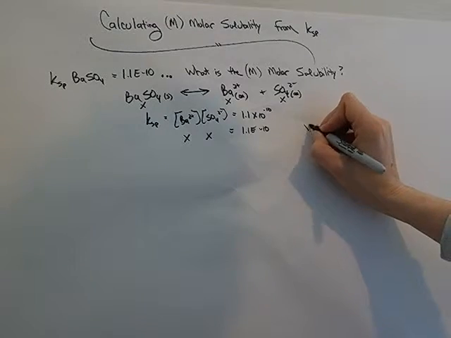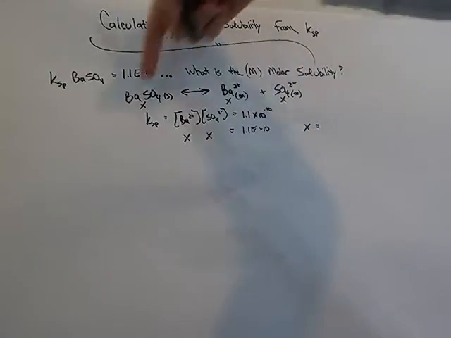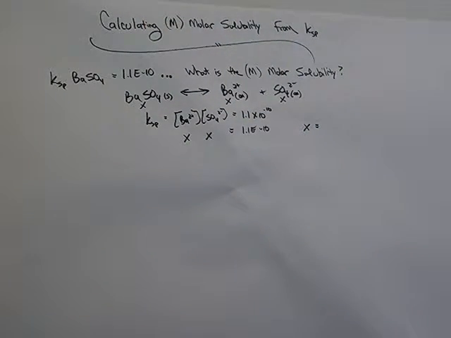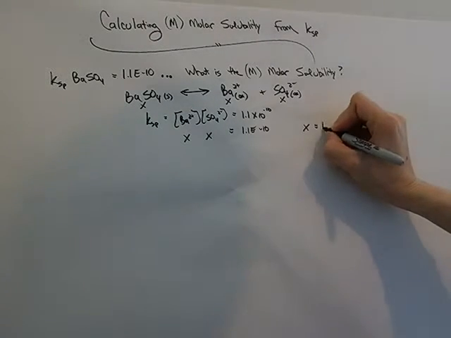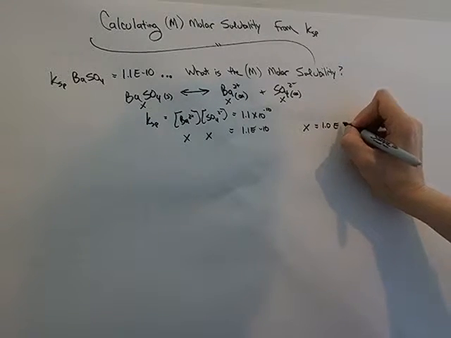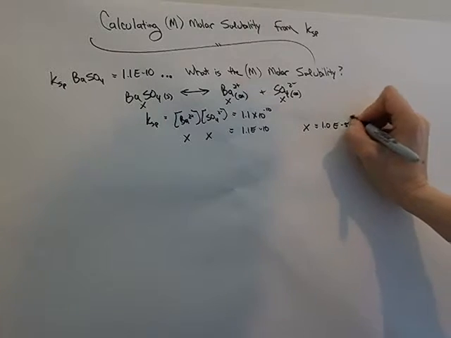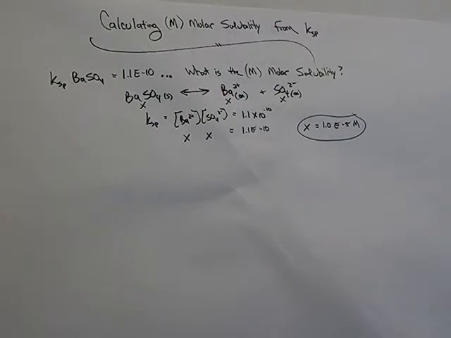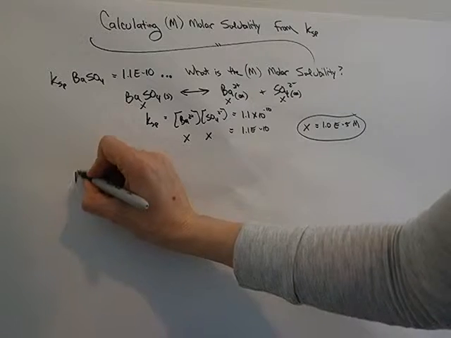And in this case, X will actually equal the molar solubility, and that's going to come out to be 1.0 times 10 to the negative 5th molar. And that's our final answer. But what about something slightly more complex, like, let's say magnesium hydroxide?